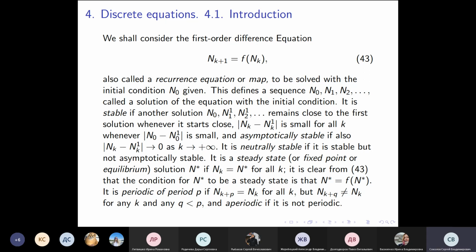It's completely different. I think every one of you knows at least one of these equations. You know about Fibonacci rabbits and about the Fibonacci equation. So the Fibonacci equation is n(k plus 2) is n(k plus 1) plus n(k).